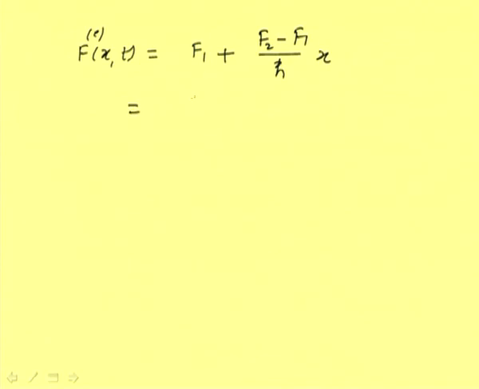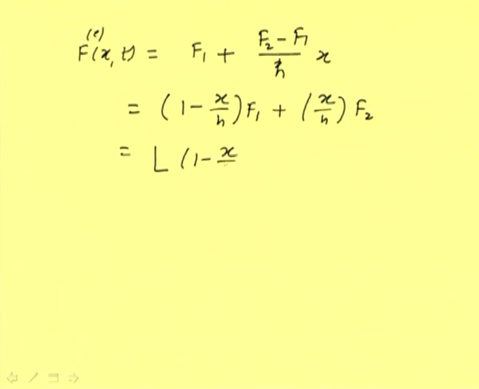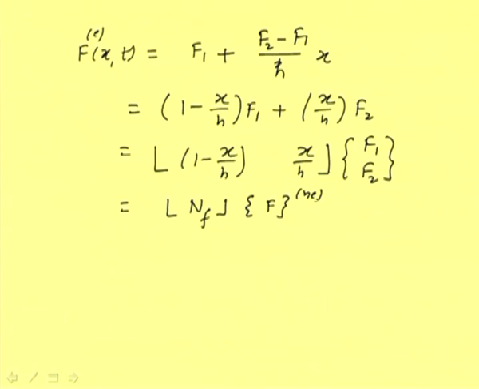The F1 and F2 can be separated, so we get the expression (1 minus x by h) F1 plus (x by h) F2, which can be written as the row of 1 minus x by h and x by h, times F1 and F2. Now this can be written as the shape function for the force, and this is the nodal forces.